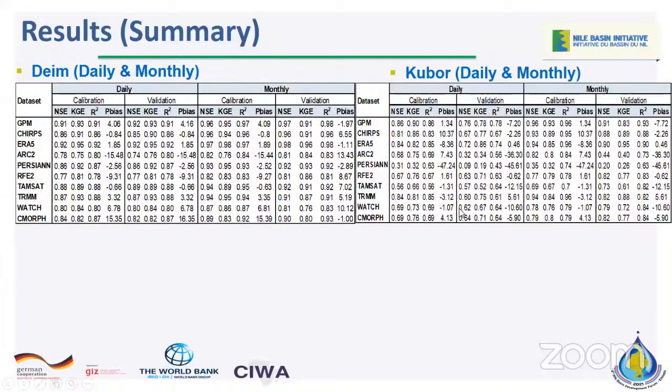And for the whole data sets, except the Persian data set, the NSE ranged from 0.56 to 0.86 for both calibration and validation periods.